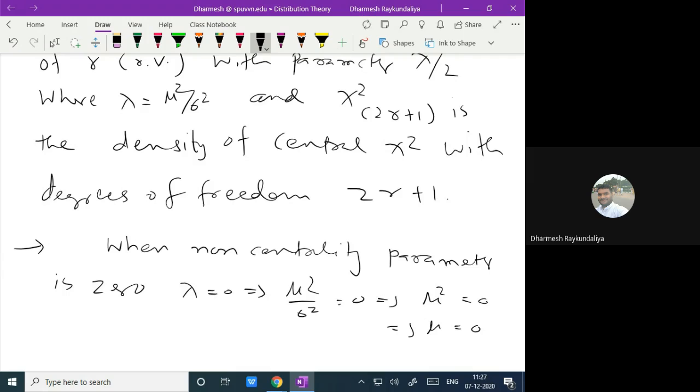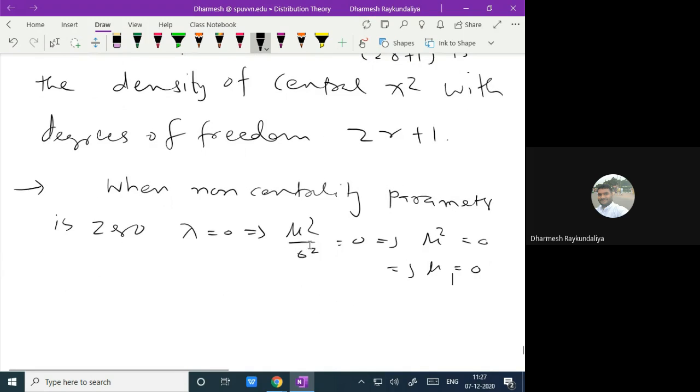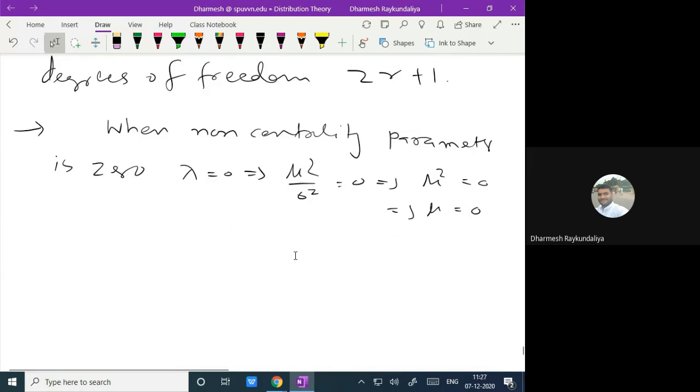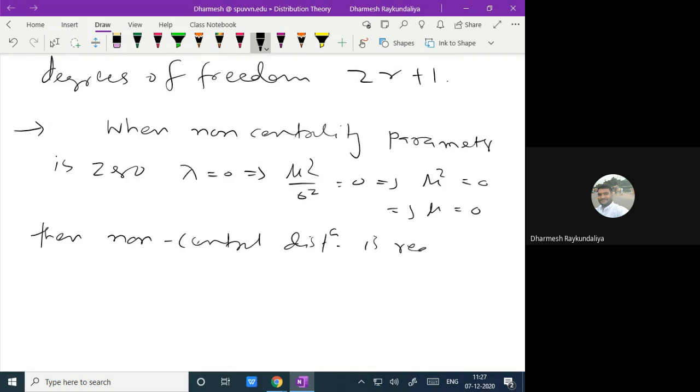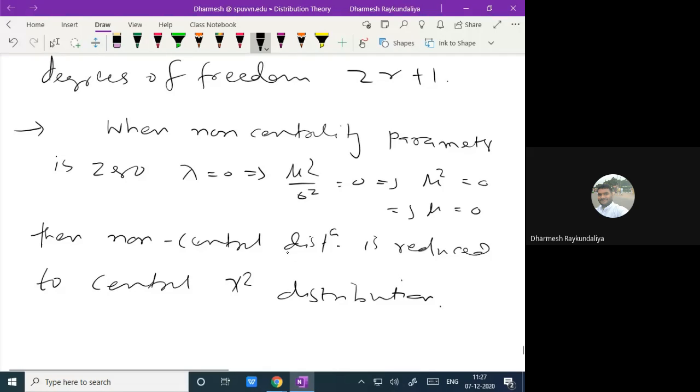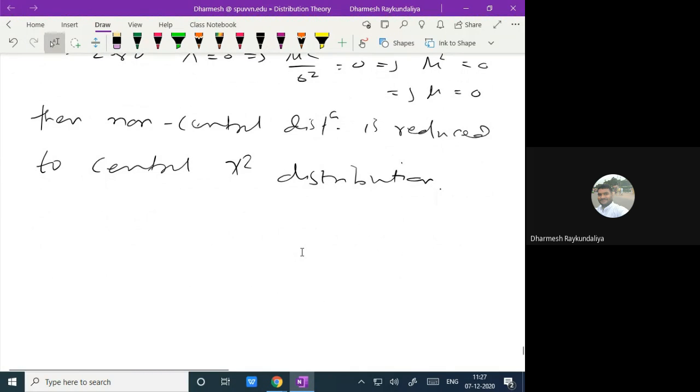So when the mean of y is 0, that is, the non-centrality parameter is 0, then the non-central distribution is reduced to the central chi-square distribution. Whenever the non-centrality parameter lambda is 0, it reduces to central.